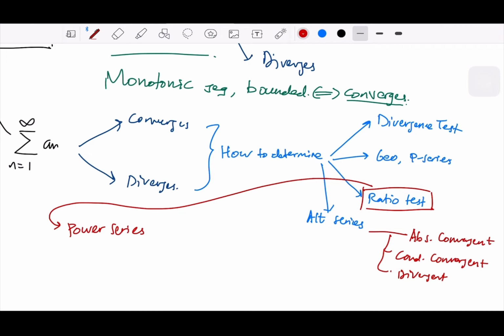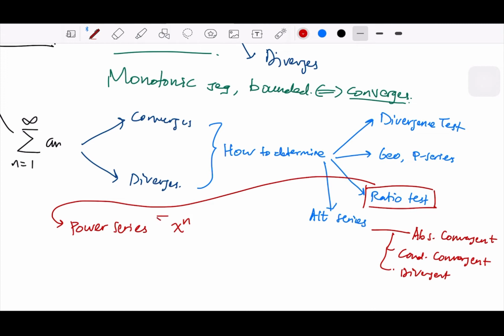It starts from x to the power of n, right? We can have 1 plus x plus x squared plus x cubed plus ... And we can imagine this as 1 over 1 minus x. This is the first function representation that we learned.